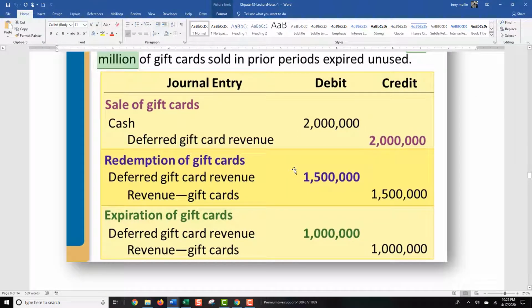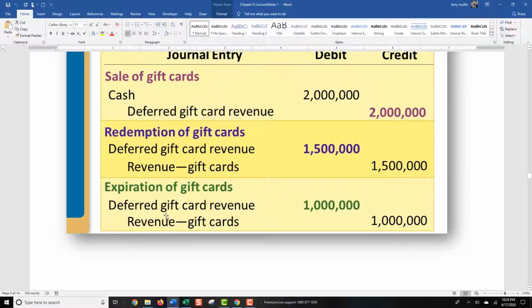So let's see if this makes sense. They sell gift cards of 2 million, so they get cash, and the 2 million goes into deferred revenue. And again, don't forget, deferred revenue just means a liability. Then people redeem the gift cards, so they come to your place and use the gift cards, you now take it out of the liability account and record it as revenue.